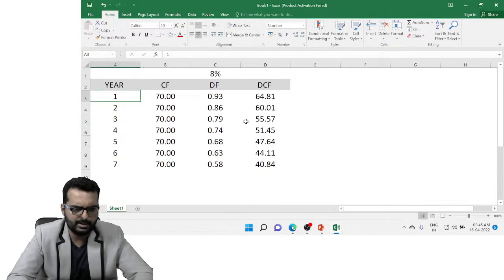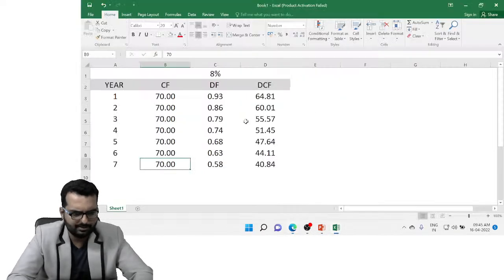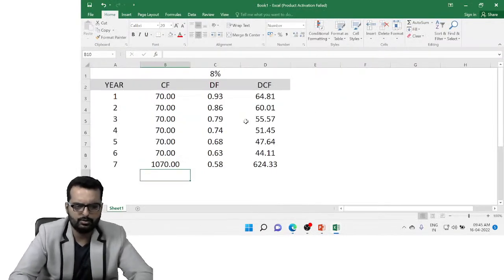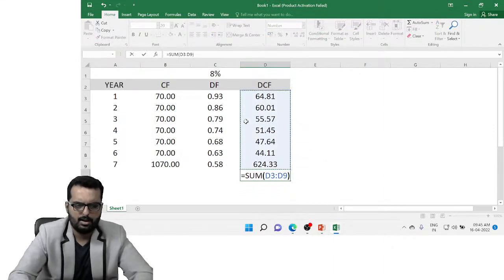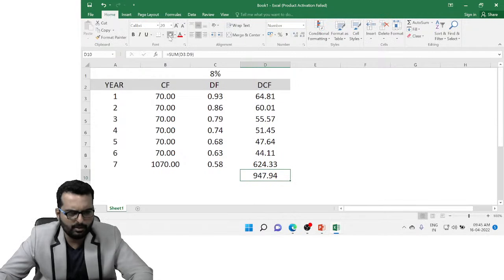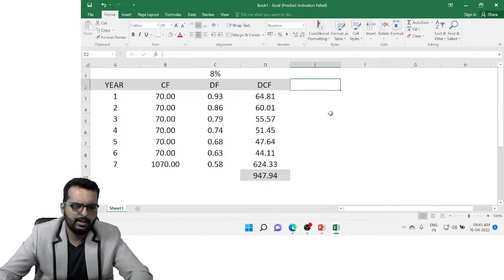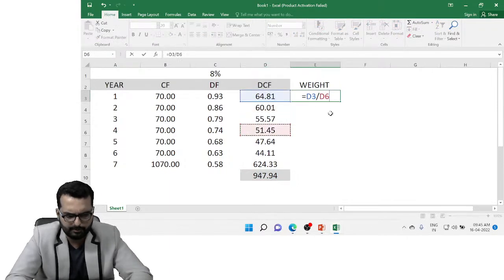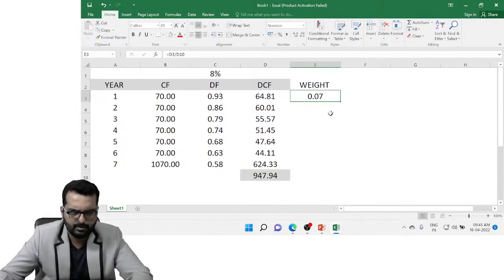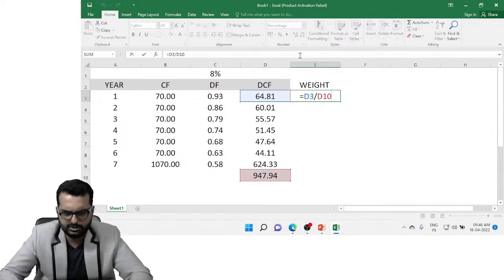In the last year you would be getting the principal amount also, that is 1000 rupees. It will be 1070. Here if I sum it up, I'll get the price of the bond, that is 947. Here I can put the weight and I can find out the weighted average duration also. I'll convert this into percentage.